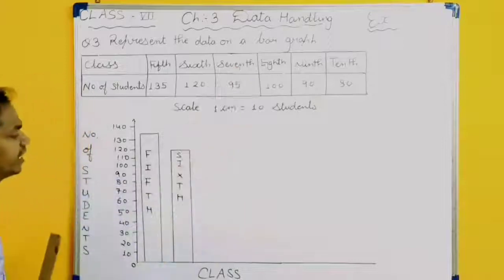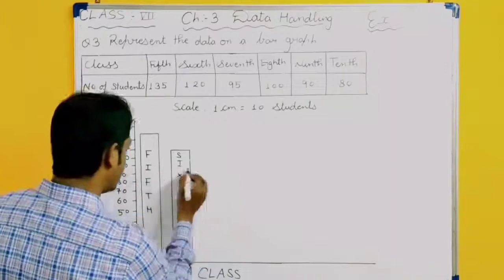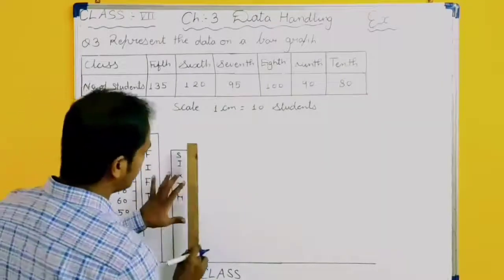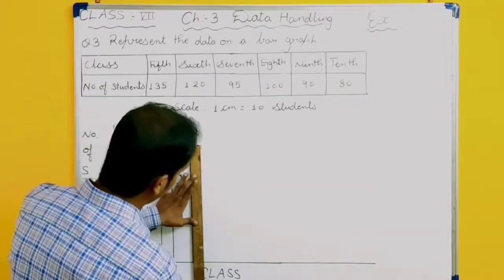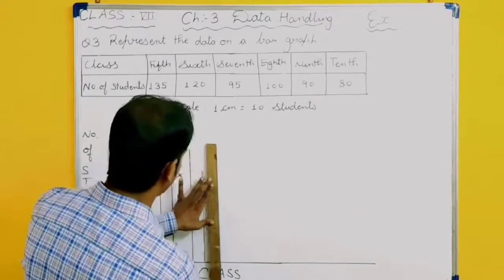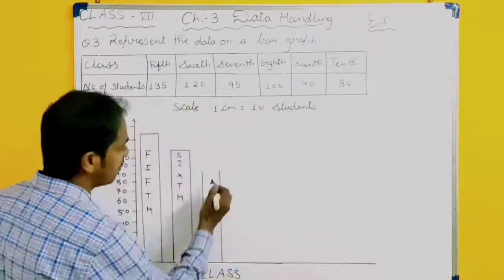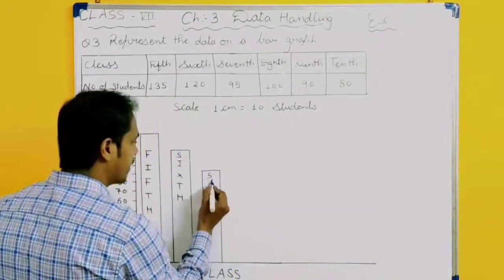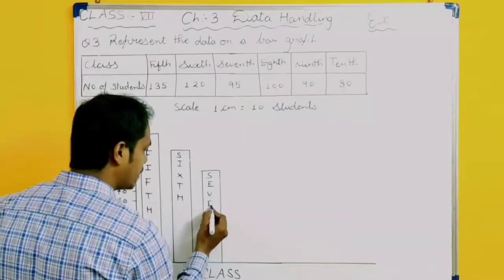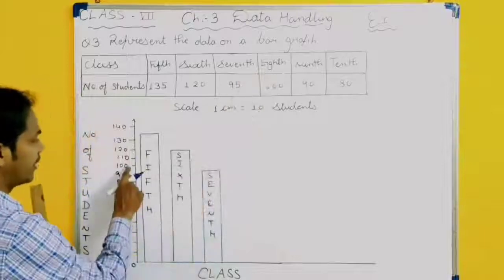In 7th class 95. So 95 will come between 90 and 100. Whenever you draw this in a graph, you can easily mark the point. This bar is for 7th class, SEVENTH.